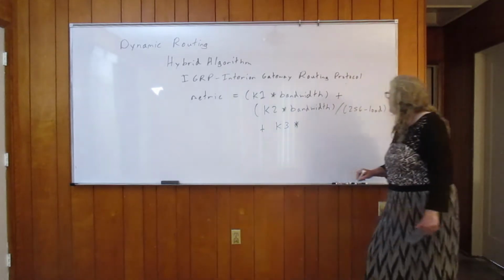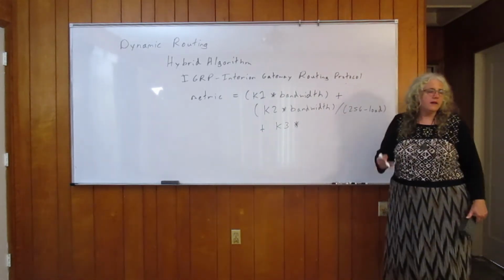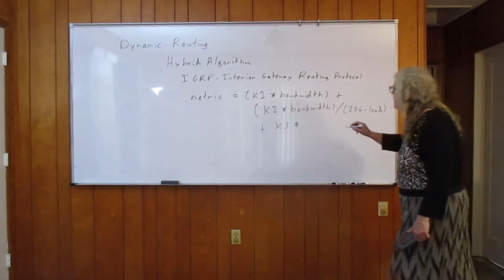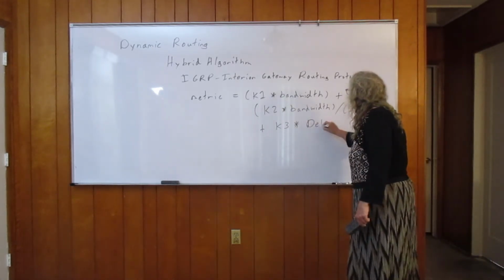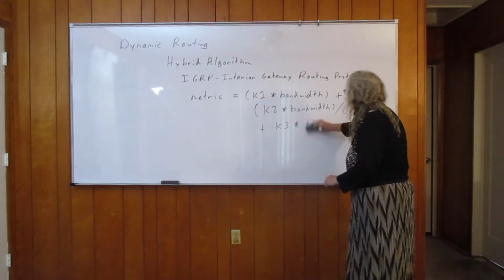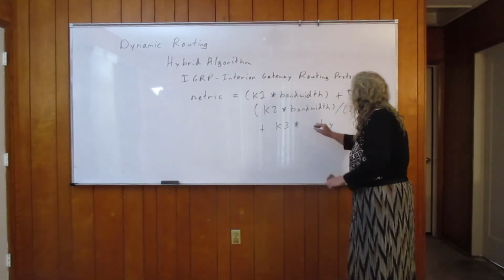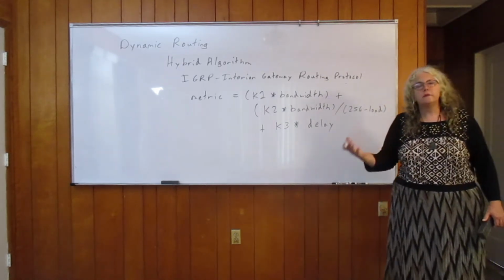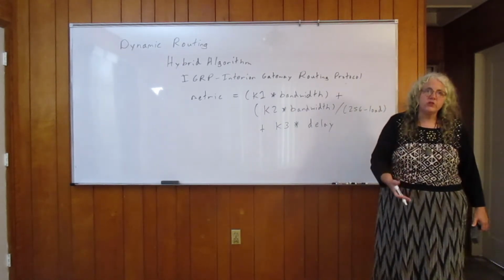We've got another value, K3. Again, this would be determined by the network engineer, times the delay. And delay could be caused by multiple things. It could be the router was slow, it could be due to congestion on the router.